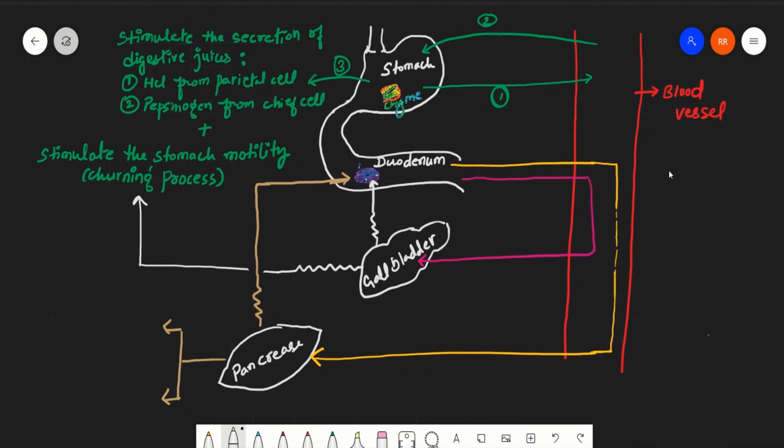So whenever food enters the stomach, the stomach will release one hormone known as gastrin.